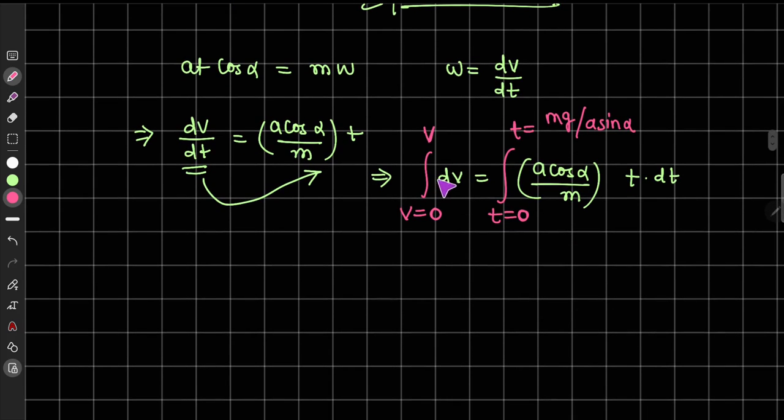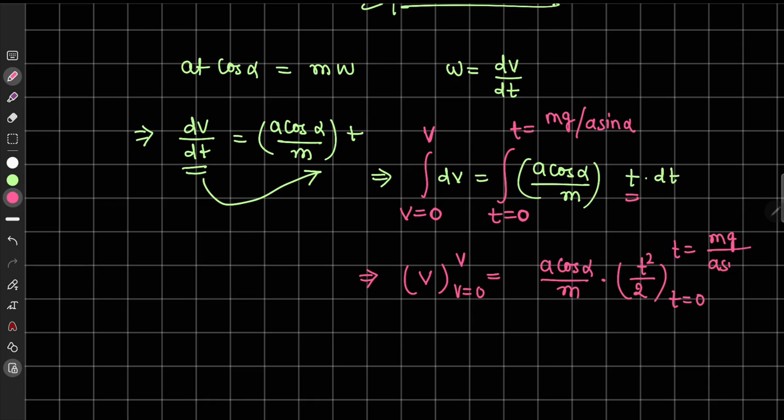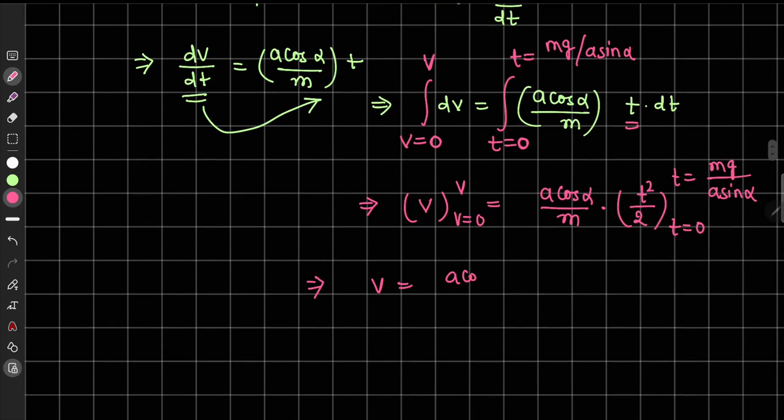The integration of 1 will be v, so we can write v from 0 to v equals a cos alpha divided by m, and the integration of t is t square by 2 from t equal to 0 to t equal to mg divided by a sin alpha.